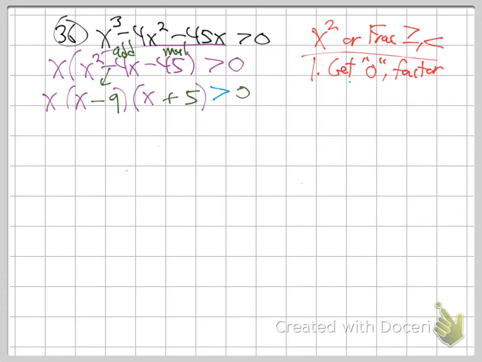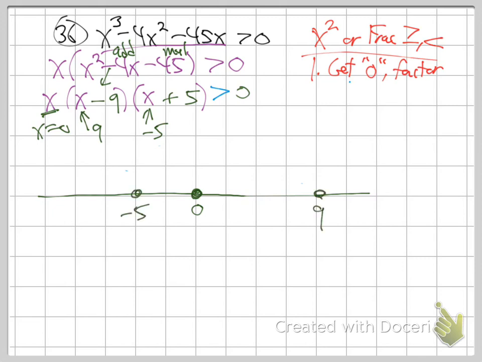Well, what do you do then? You got to graph it. Remember, I said basically, can you just get the graph? Which is easier said than done. So how do we get the graph? Well, these points, x equals 0, x equals 9, and x equals negative 5, are where the graph hits 0. So right here at 0, right back here at negative 5, and right over here at 9, the graph will hit a height of 0.